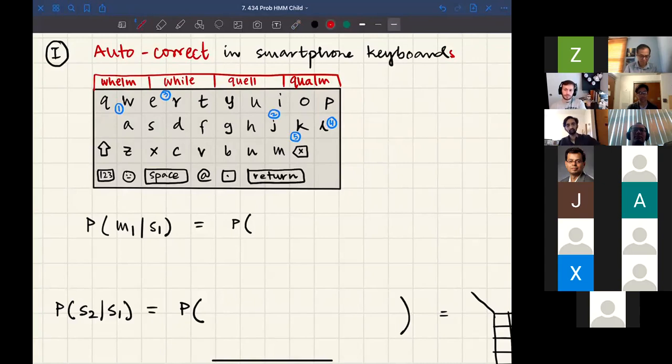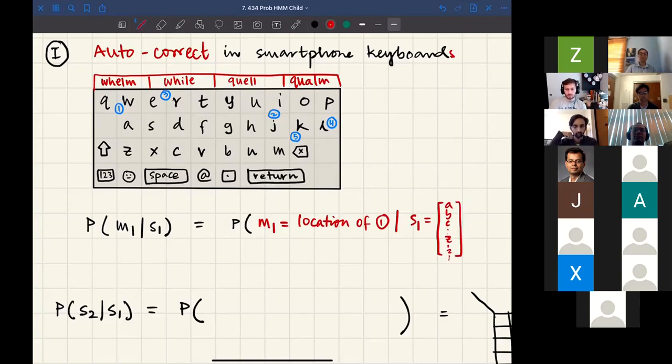The keyboard is saying P of M1 given S1, which is P of M1 equals location of 1, given S1 equals A, B, C, D, all the way till Z, and even after Z, all the backspaces and everything, 1, 2, 3, all the possible keys. That's S1. Does this make sense?